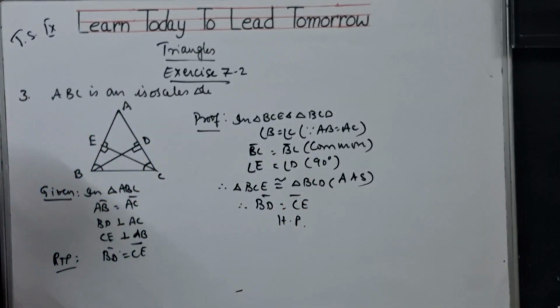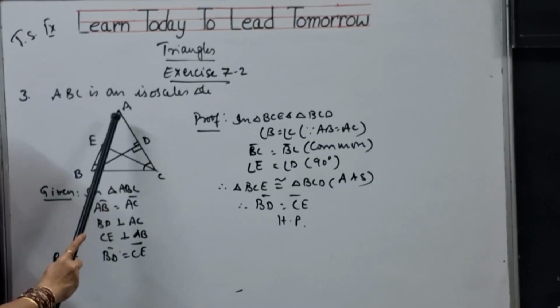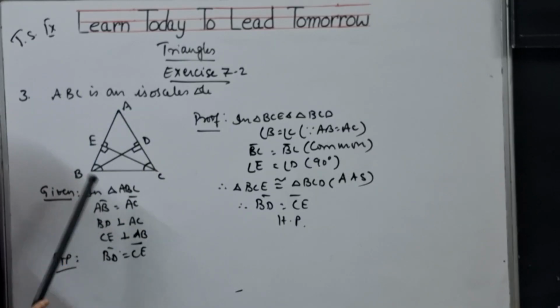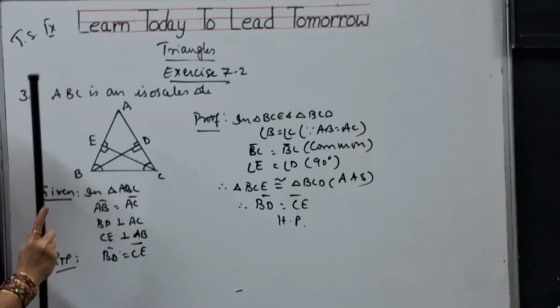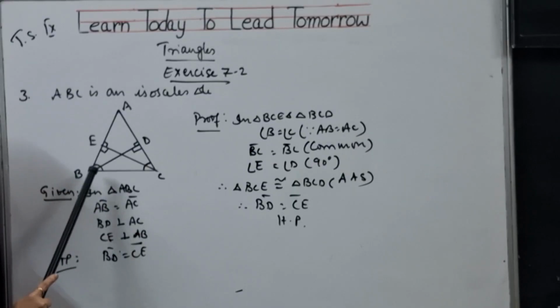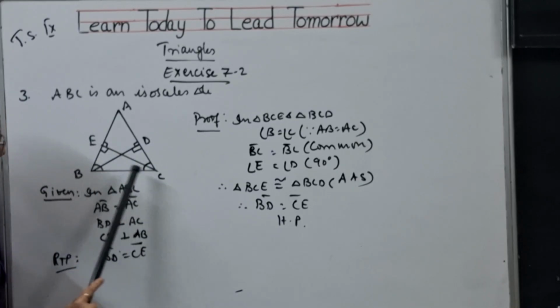So, what is given to us? ABC is an isosceles triangle. That means in triangle ABC, AB is equal to AC, they have given, and BD is perpendicular to AC, CE is perpendicular to AB. Now we need to prove that BD is equal to CE. Now let us take triangles BCE and BCD.